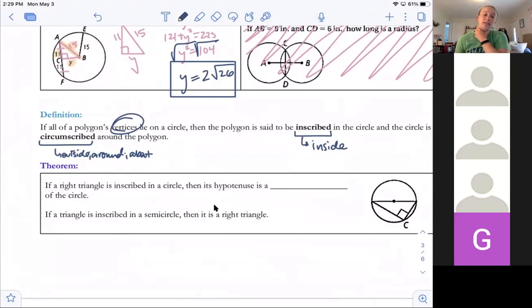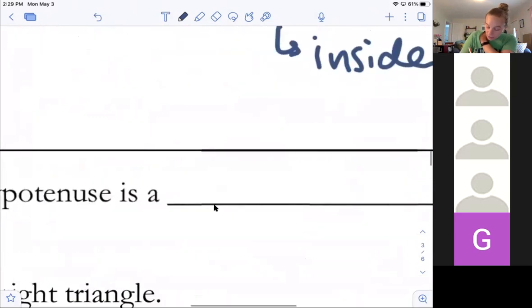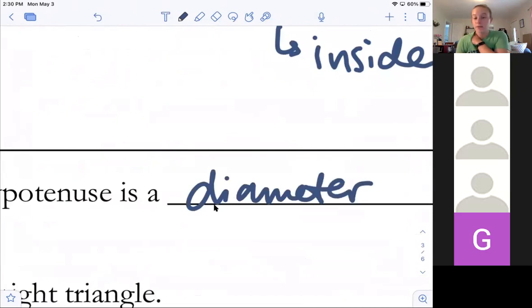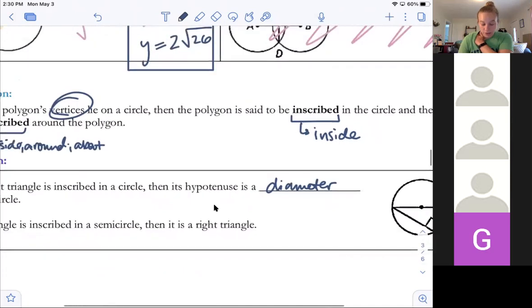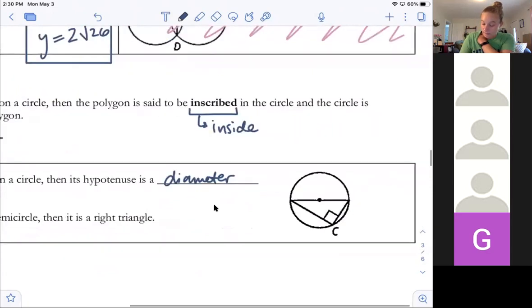All right, so the second to last theorem says if a right triangle is inscribed in a circle, then its hypotenuse is a diameter of the circle. So if a triangle is inscribed in a circle, then its hypotenuse is a diameter of the circle.